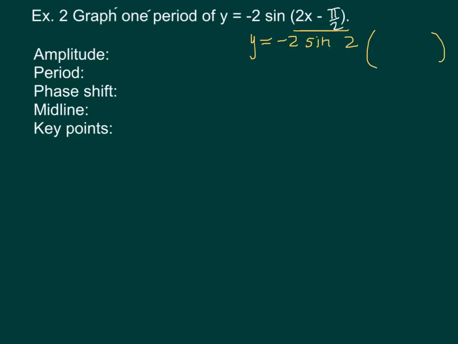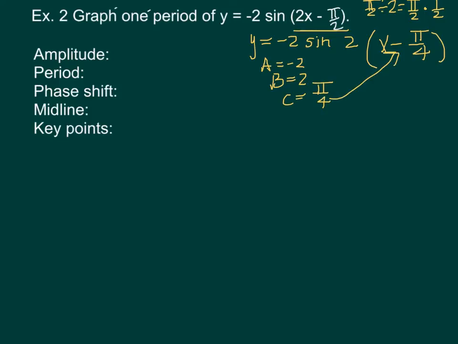Now this can be tricky because you're doing pi over 2 divided by 2, which is the same thing as pi over 2 times the reciprocal, which is 1 over 2, which means that's going to give us pi over 4. So identify A, -2, B is 2, C is positive pi over 4, it's always opposite.